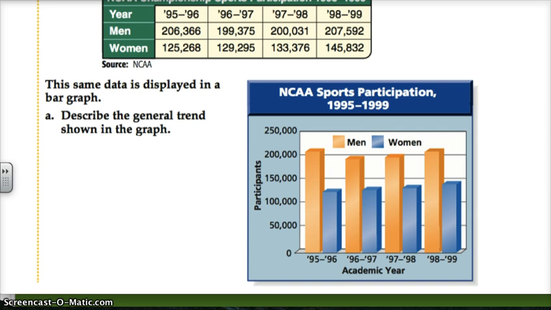So in part A, we've been asked to describe the general trend shown in the graph. Well, we have 2 different trends, right? We see one trend for the men. They were at a little under 200,000, so it looks like they're kind of staying pat at 200,000, whereas the ladies seem to be slowly but consistently increasing over the years in terms of their participation in NCAA sports.